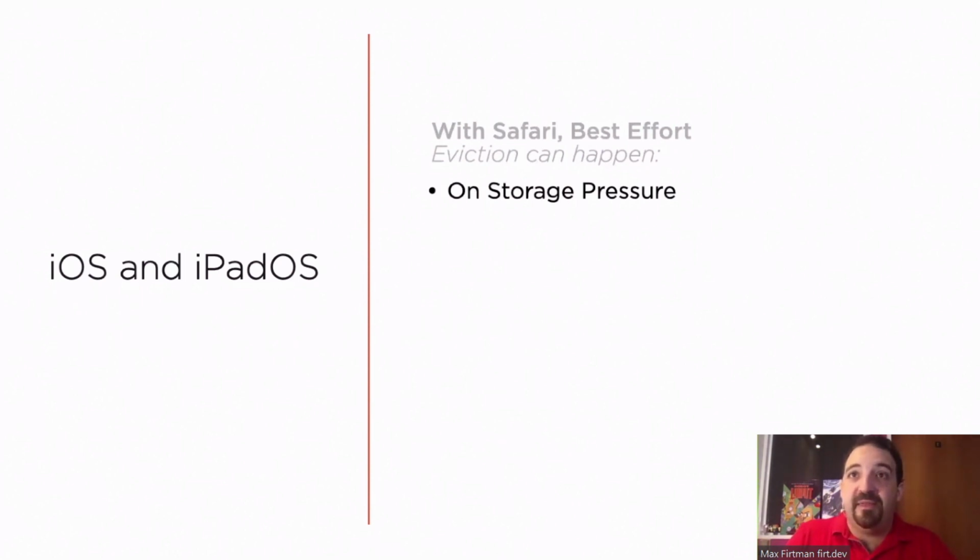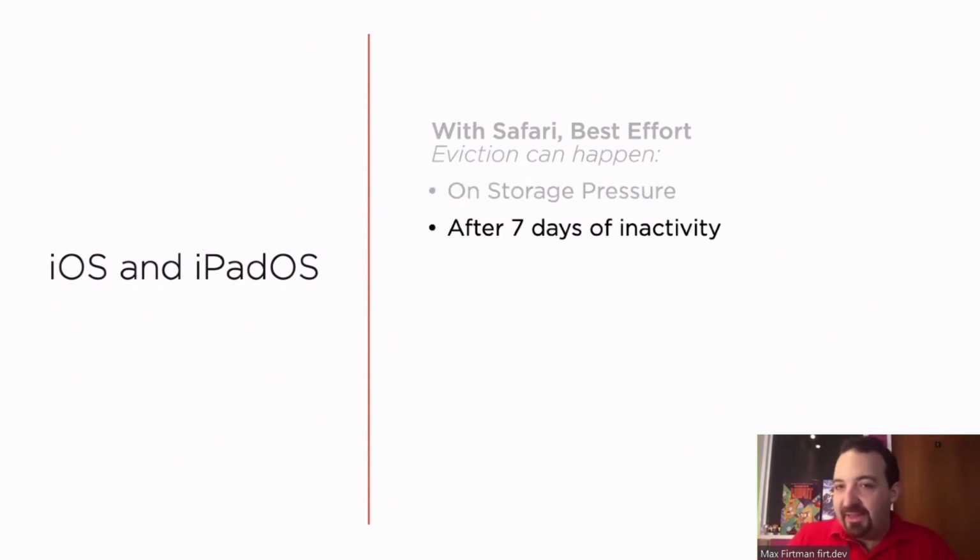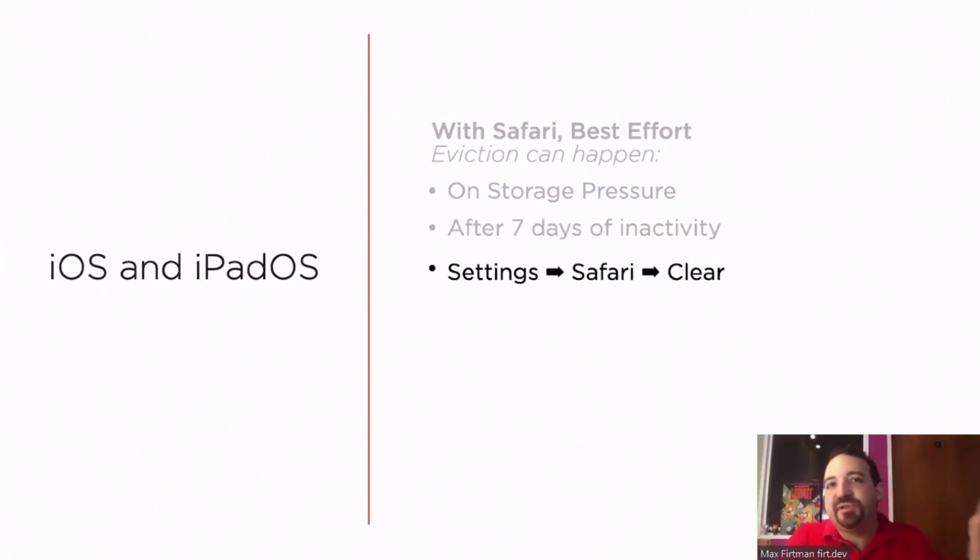That is, the browser actually needs more storage, or the device actually needs more storage, so it will delete the cache. After 7 days of inactivity, look at this. After 7 days of inactivity, Safari can delete all your data within Safari. Wait a minute. And also if the user goes to settings and clears the cache.